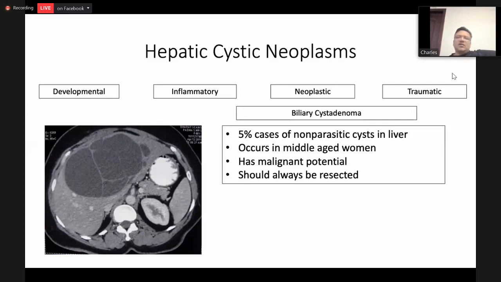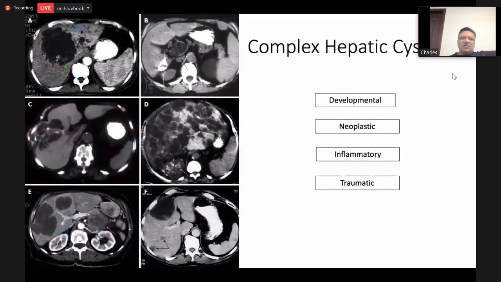They have malignant potential, so the diagnosis should be made, and these are always resected because they can progress to a biliary cystadenocarcinoma. So when you talk about hepatic cysts, it can be a simple cyst or a complex cyst, and a complex cyst can be neoplastic or inflammatory. And you can see a biliary cystadenoma here.